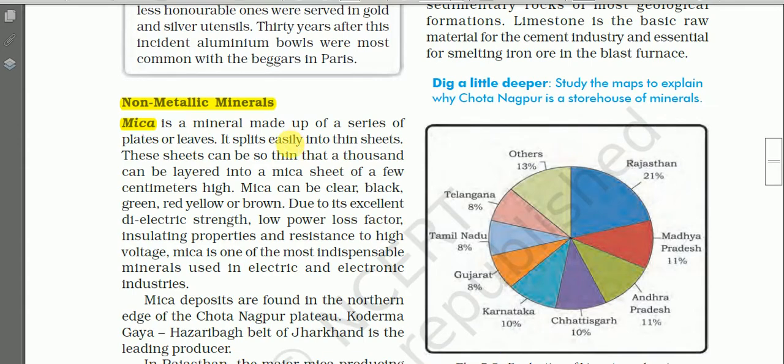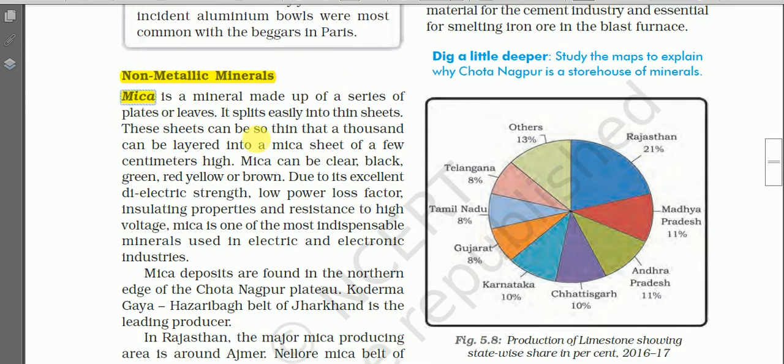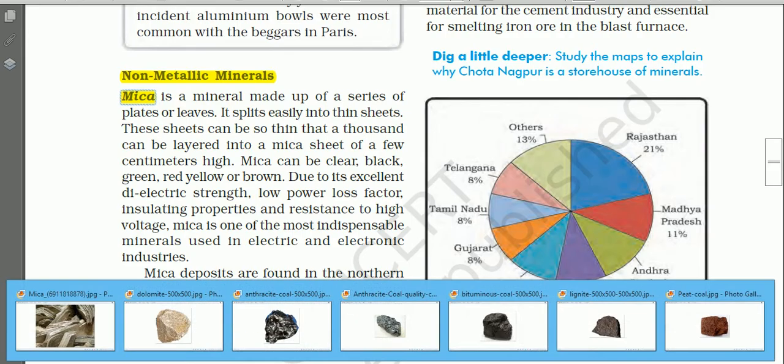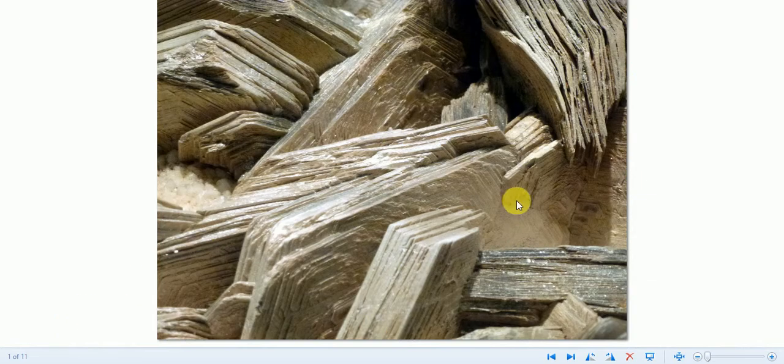Now let us start. So today we shall start with this topic, non-metallic minerals, that is minerals which do not contain metals. So we have mica. First I will show you a picture. So this is the mica. Okay, so it shows mica.